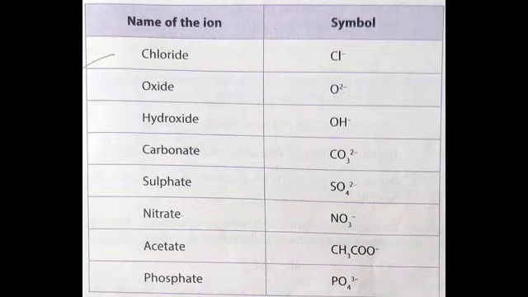These are the cations and anions that you have to memorize to write the chemical formula of the compounds formed by these. So memorize these too.